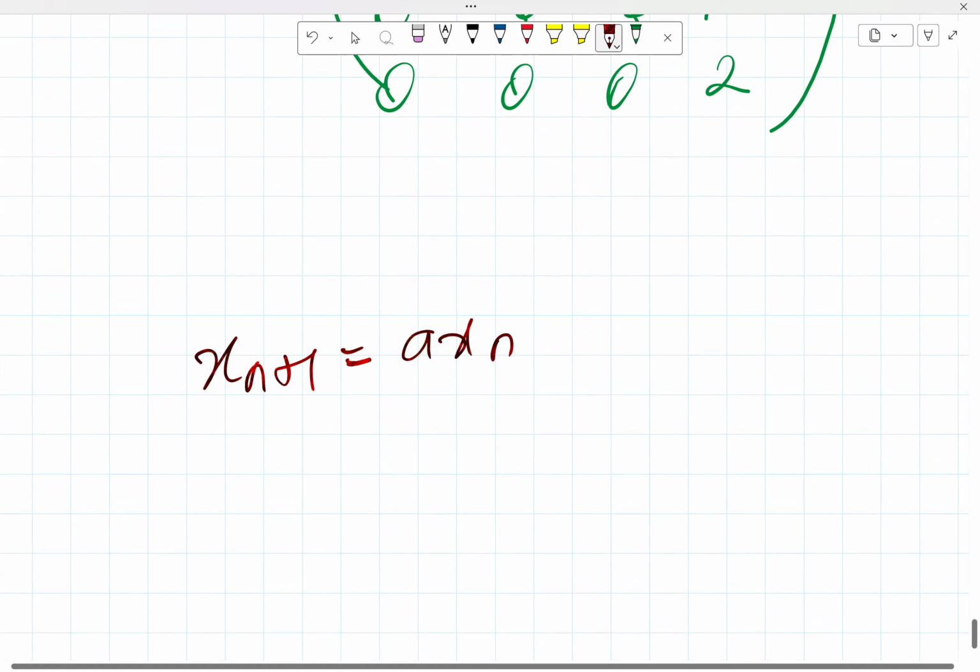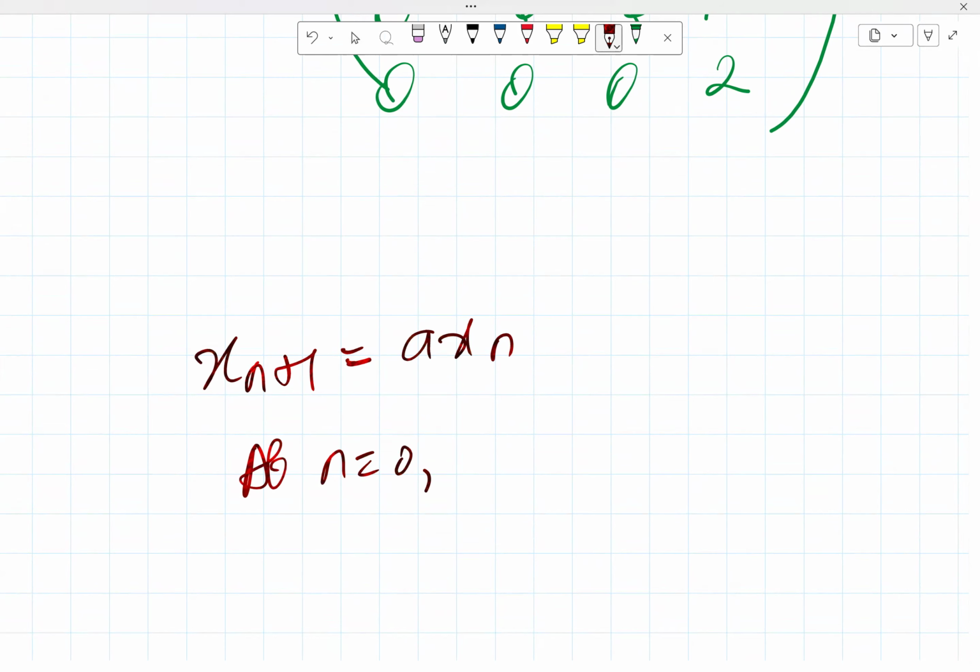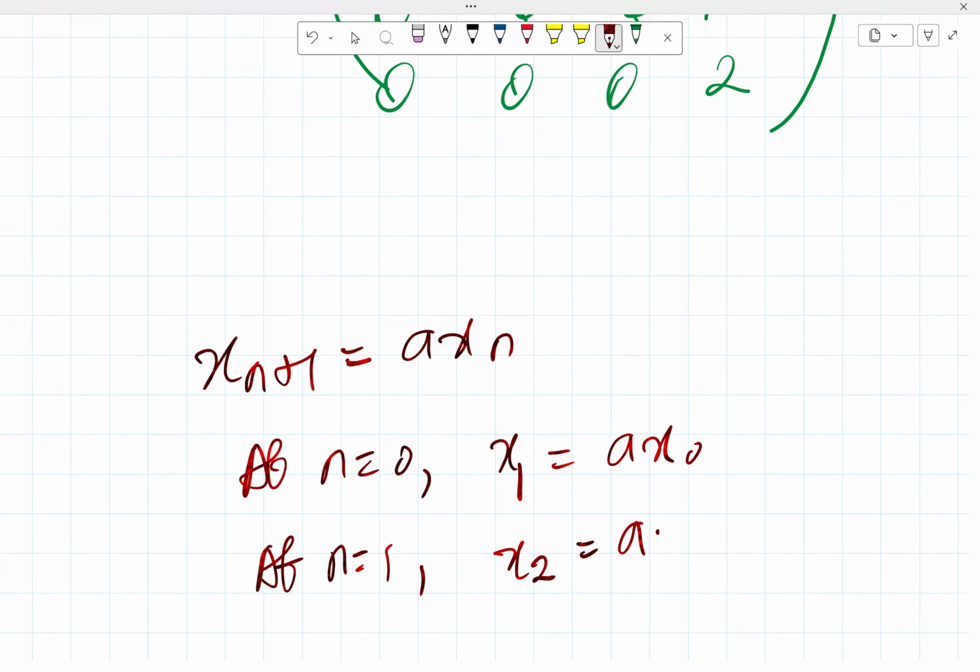We know that at n equals 0, we have x1 equals a x naught. Then at n equals 1, we have x2, that's 1 plus 1, and this is a x1. Now, x1 is already a x naught, so we have a times a x naught, and that is a squared x naught.